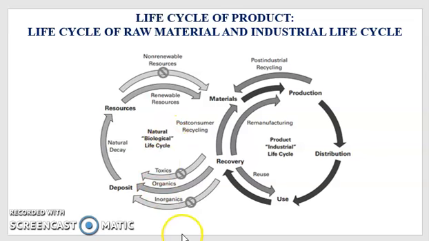Therefore, decomposition of waste from products based on minerals takes up to thousands of years. From this life cycle diagram, it is advisable not to use non-renewable sources as they produce toxic and inorganic waste which have a negative impact on humans and the environment.